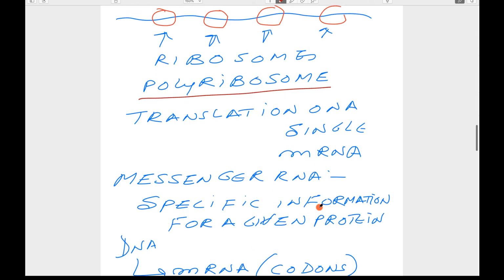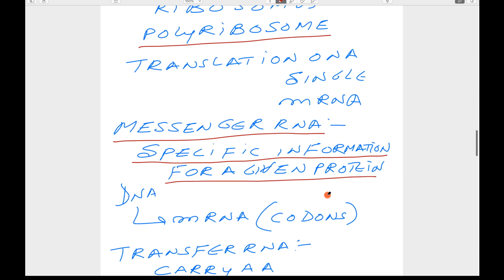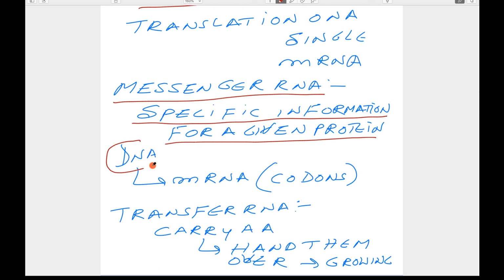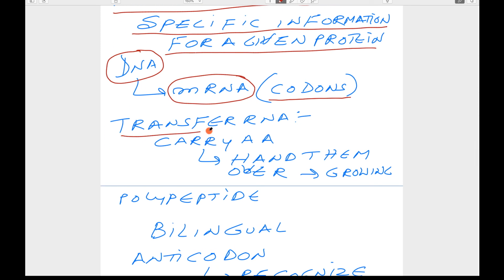Then we talked about the messenger RNA. The messenger RNA carries the specific information for a given protein. From where does it get this information? It gets it from the DNA. Through the process of transcription, messenger RNA is synthesized. The information is arranged in the form of triplet codons. Then transfer RNA carries amino acids and hands them over to the growing polypeptide chain.